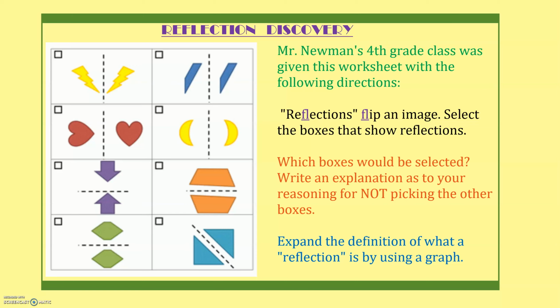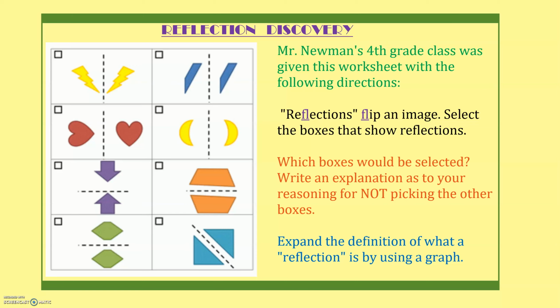Okay, so just based on the simple directions that reflections flip an image, those lightning bolts are flipped right over that vertical line. So that is absolutely a reflection. The dark blue trapezoids, or it's not a trapezoid, that's a polygon. I know how to speak math.